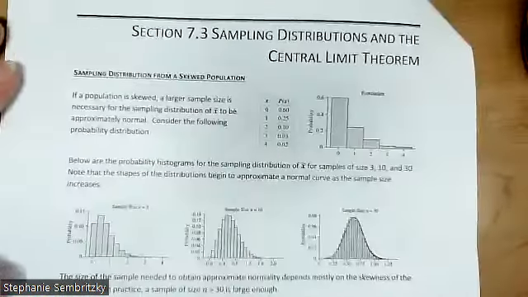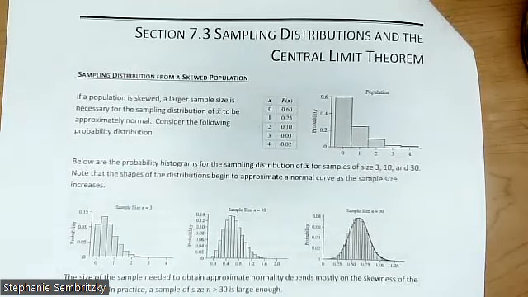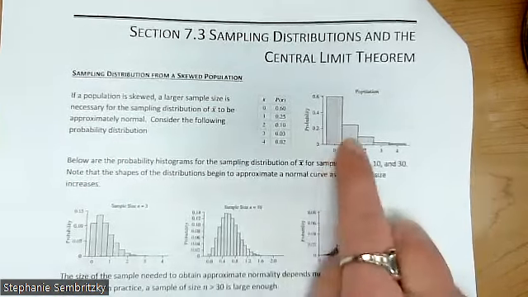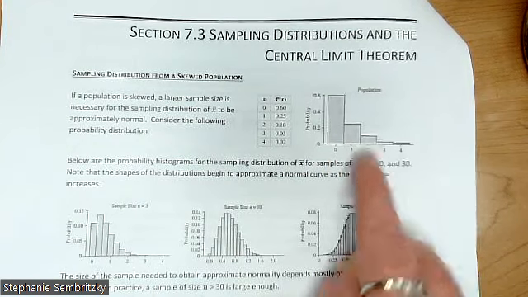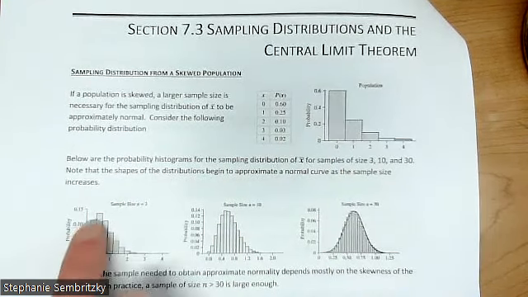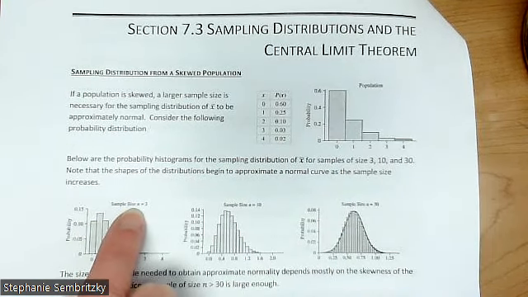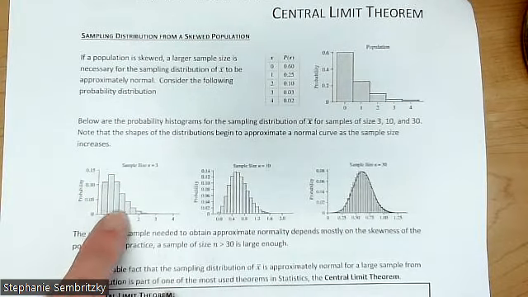Now, if I try to get a sampling distribution from a skewed population, which way is this one skewed? Skewed right. If my sample sizes are the size 3, it's still really skewed, right?